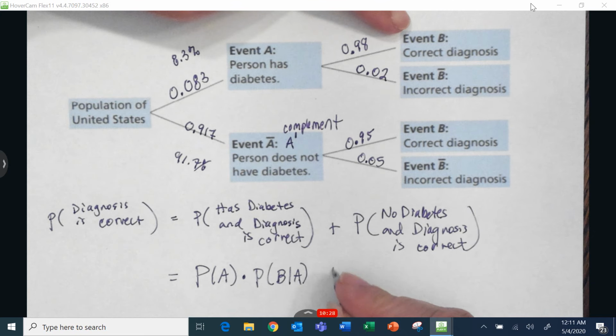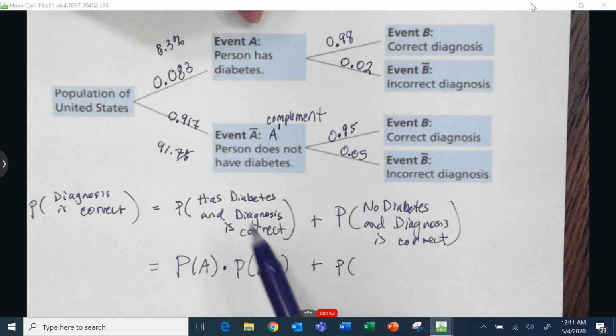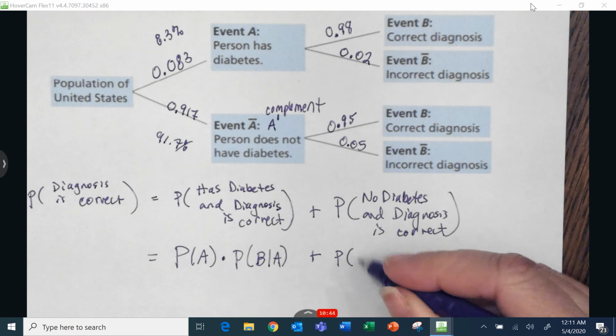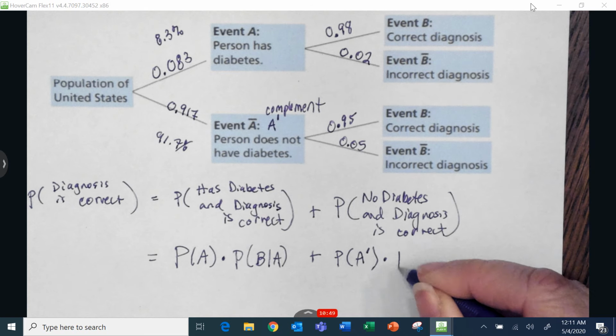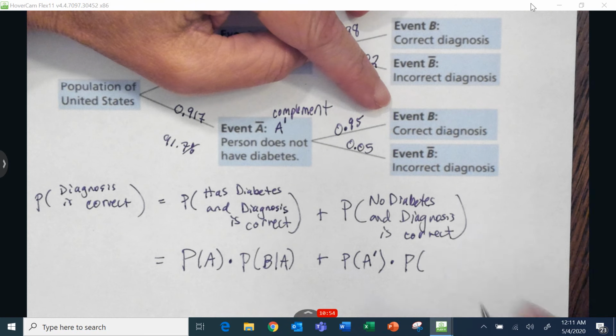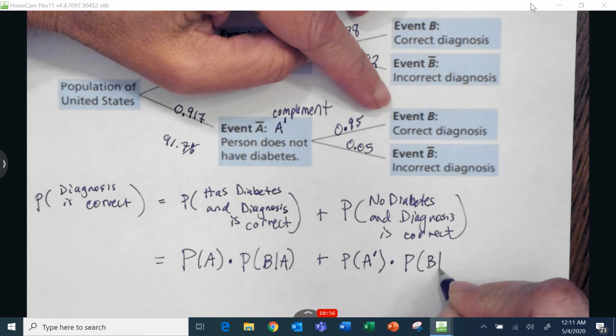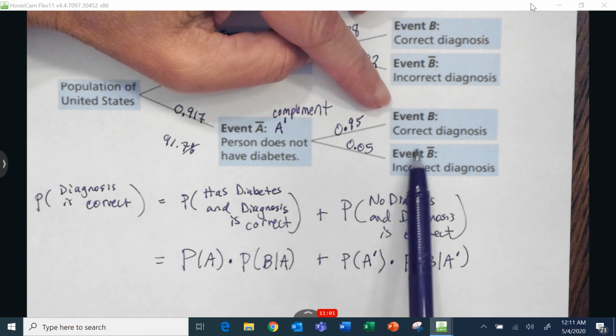So we're combining that with addition. We were doing the multiplication of probabilities before, the conditional probability. And now we're going to do another conditional probability right here. We're going to do the probability of the complement of A, and multiply that by the probability that we have a correct diagnosis, given that we knew that the person does not have diabetes.